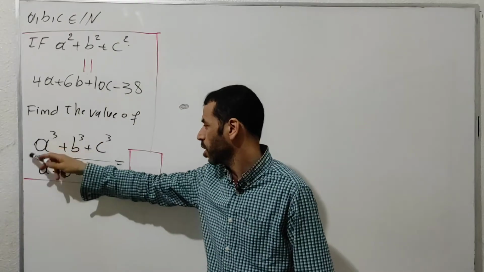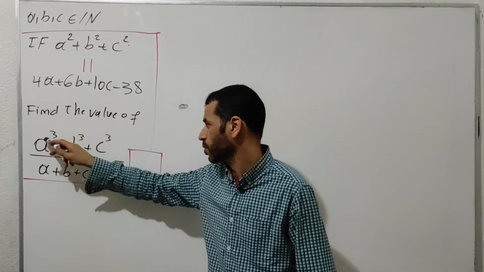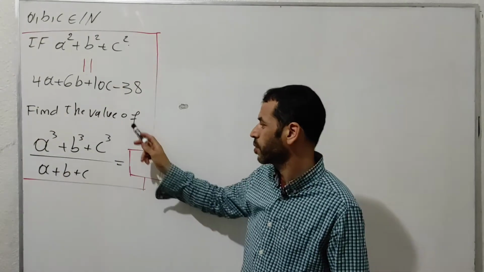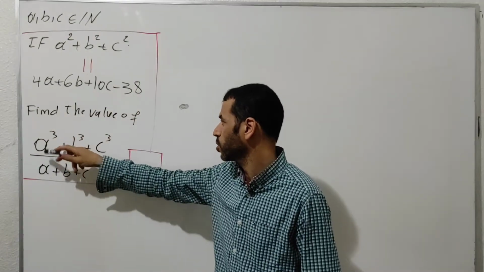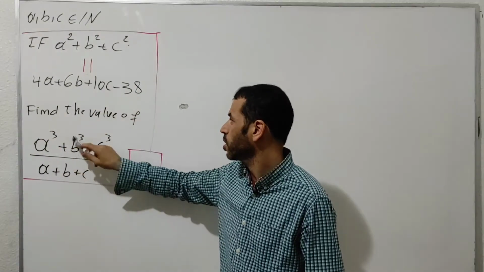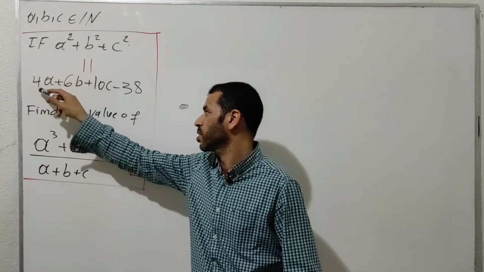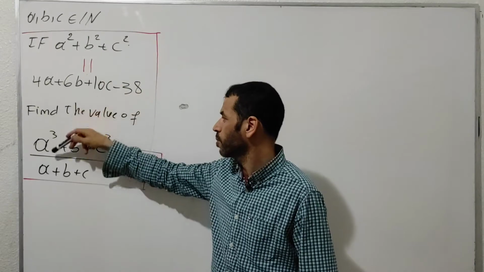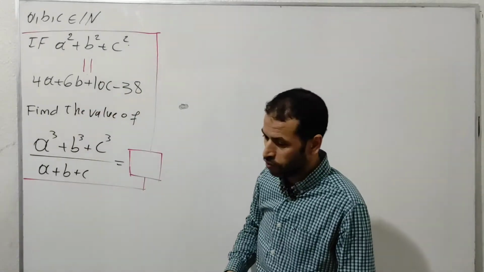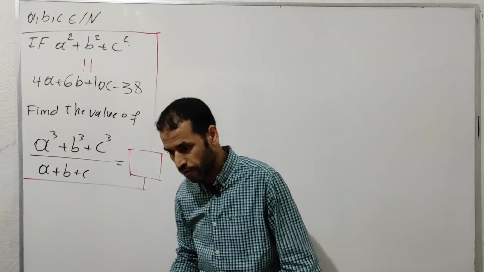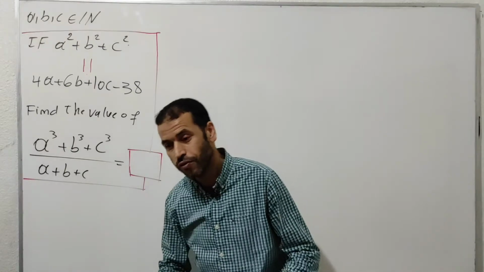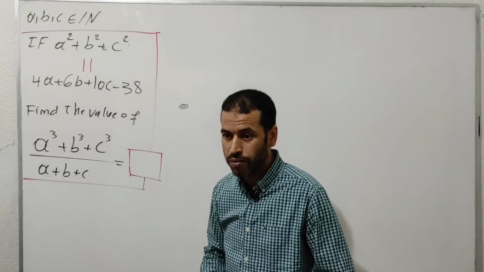You spend time on this fraction trying to factor this term, but at the end you get nothing because you don't have any values to replace. Then you go to the previous expression, you find the same thing, then you keep going back and forth between the two. At the end you find yourself running out of time. But if you find the trick, then the problem becomes easy to solve.